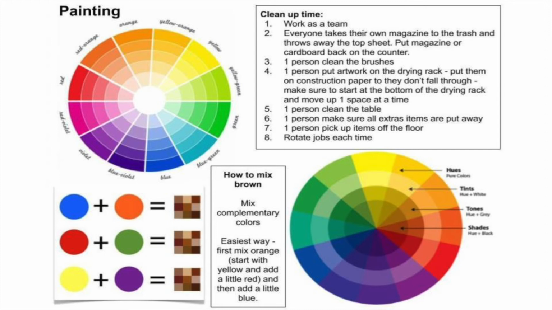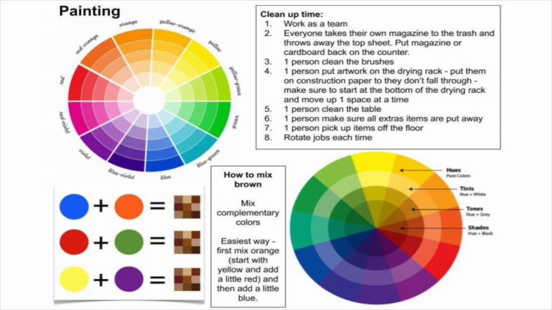Brown is actually a very difficult color to make, but by breaking it down into mixing complementary colors, it's actually pretty simple. From last year, if you remember our color scheme unit, there's a color scheme called complementary. It's any two colors that are directly across from each other on the color wheel.